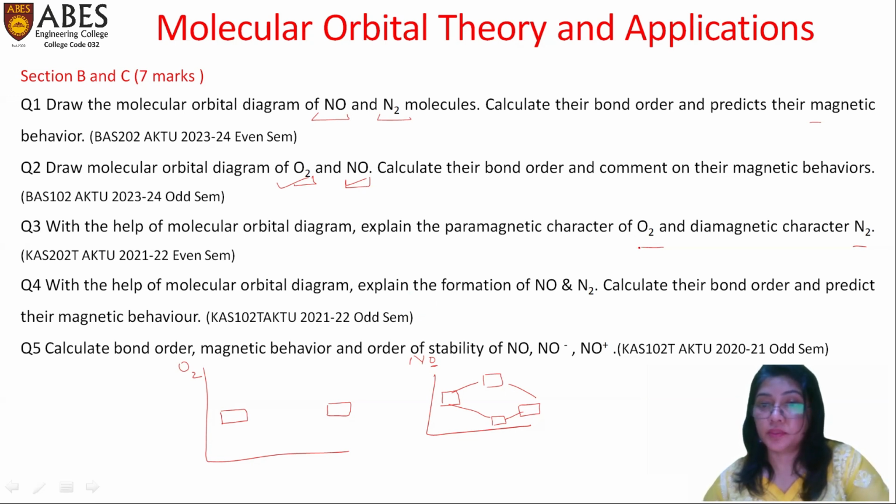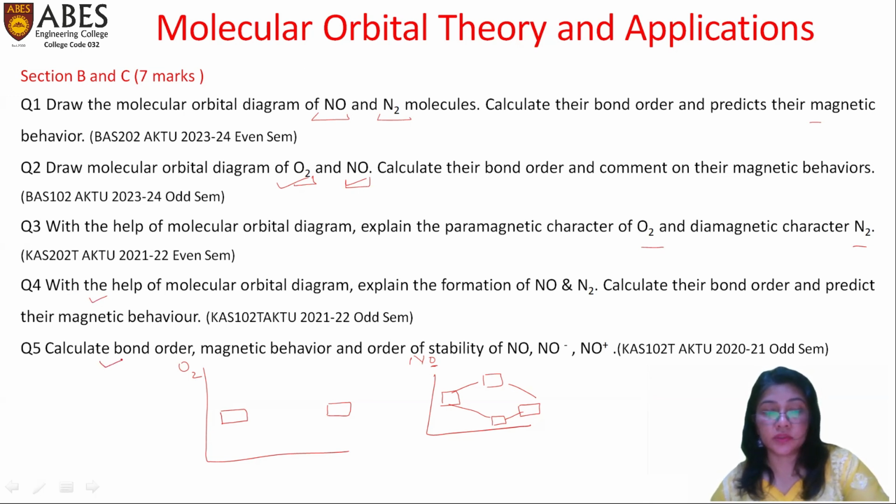If they are paired up, then it is diamagnetic, and if they are not paired up, then it will be paramagnetic. Similarly, we can draw the molecular orbital diagram, discuss the magnetic behavior and calculate the bond order of NO and N2 molecules.